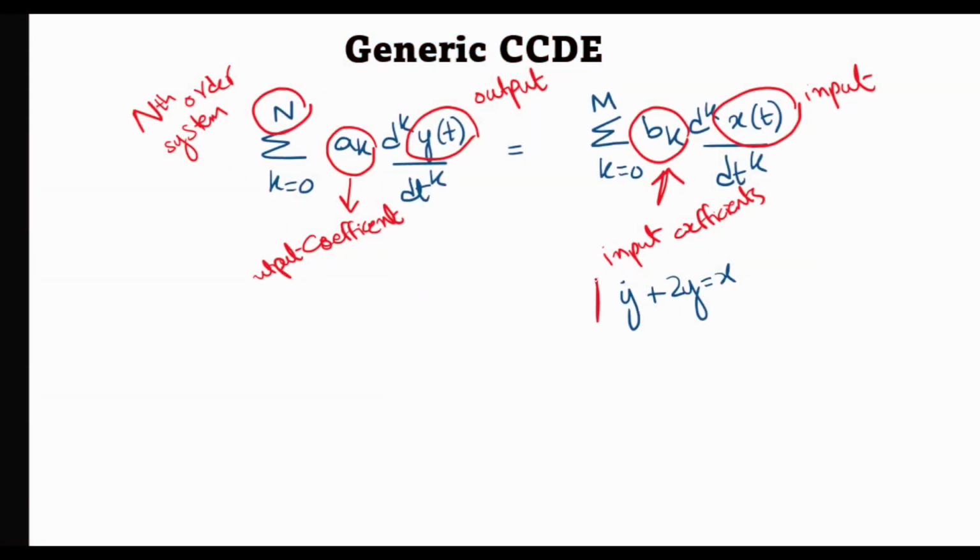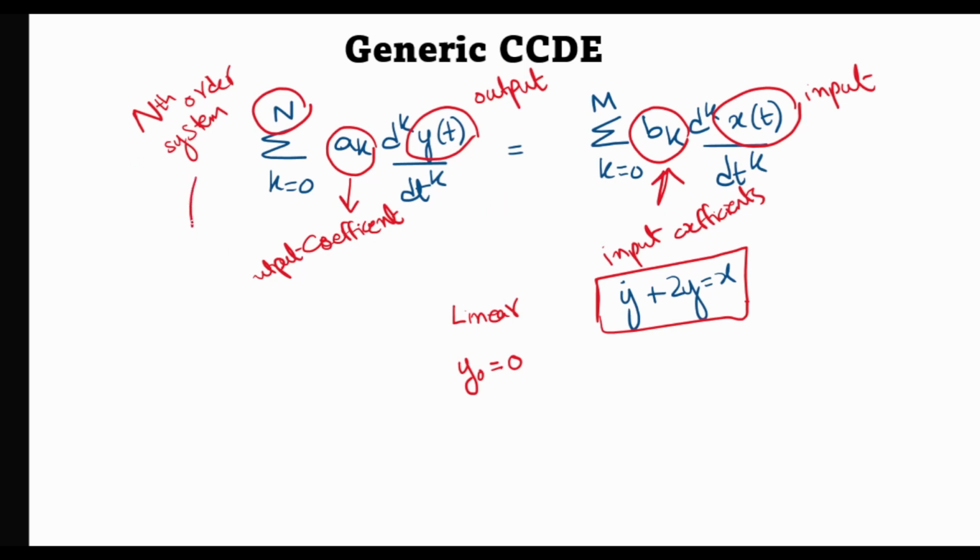Now for the case of y dot plus 2y equal to x, we saw in the previous lecture that this system was linear when the initial condition y dot was equal to 0. So this we can generalize for an nth order system.